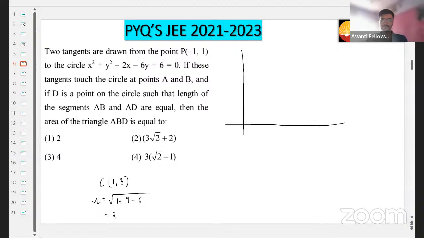Right, guys? So that means it will cut the y-axis. Correct? Like this.